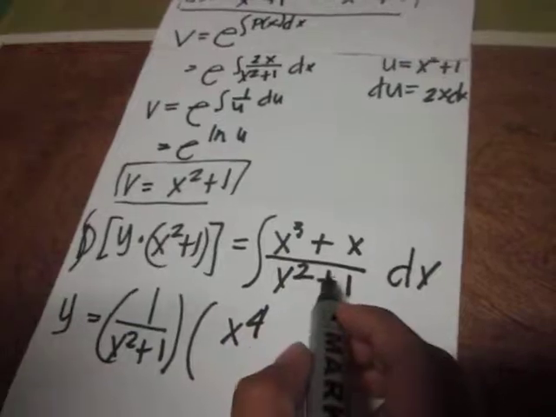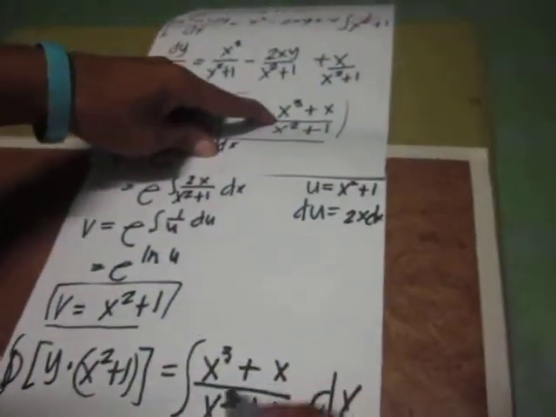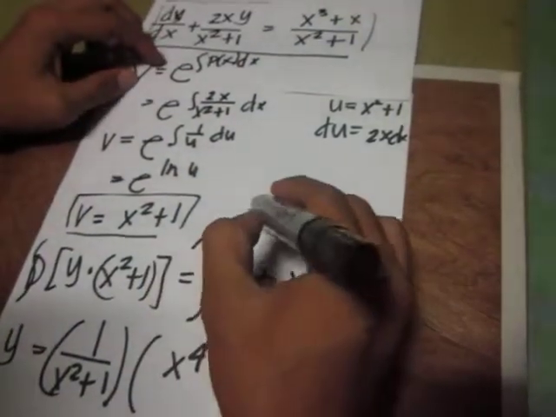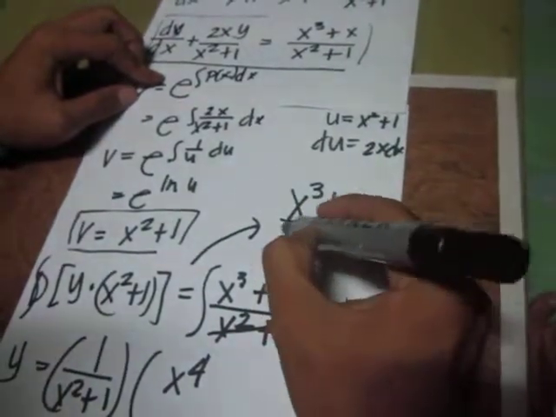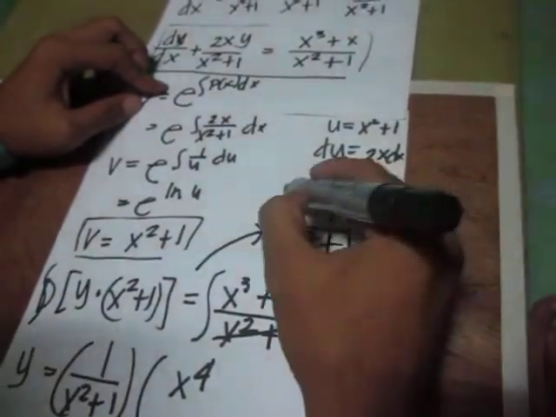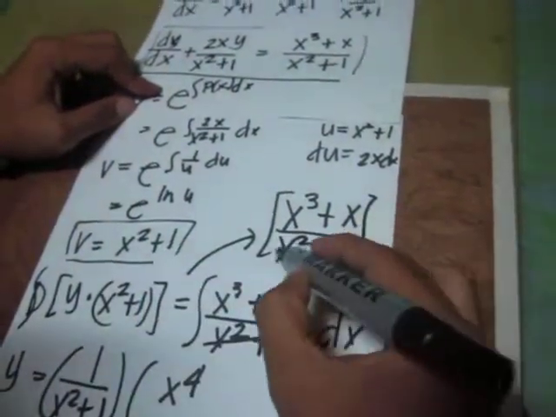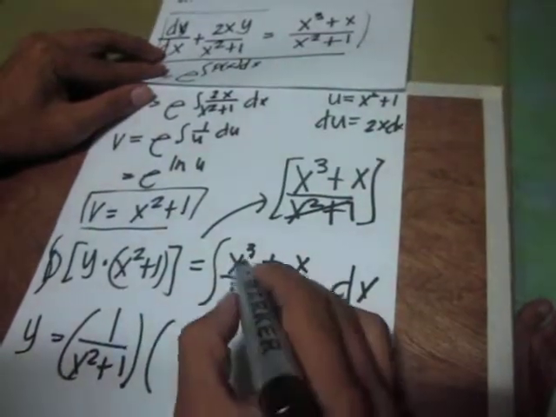Now since we multiply this, this will be cancelled out, because here x cubed plus x over x squared plus 1 is multiplied by the integrating factor, then this will be cancelled, so this becomes x cubed plus x.